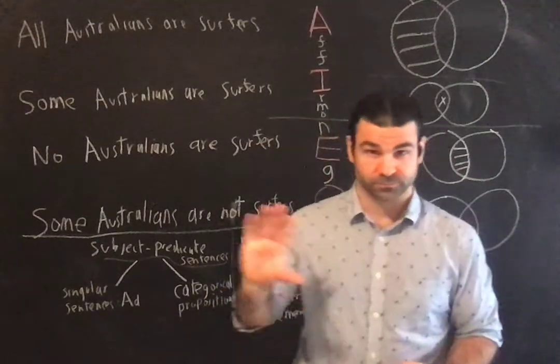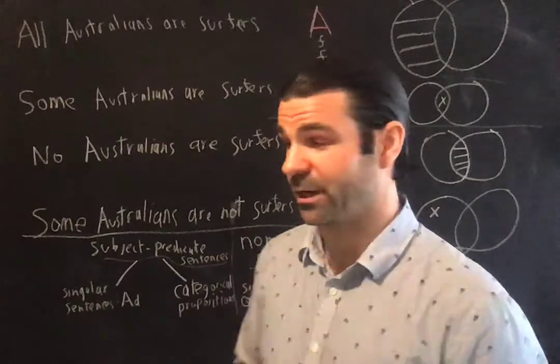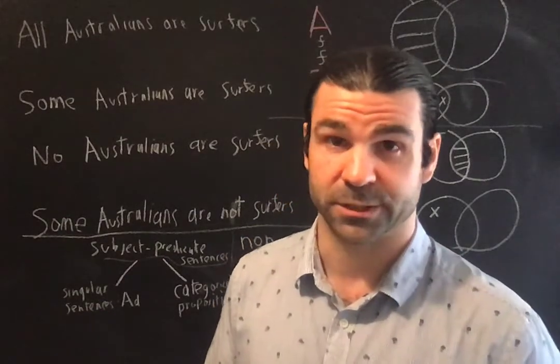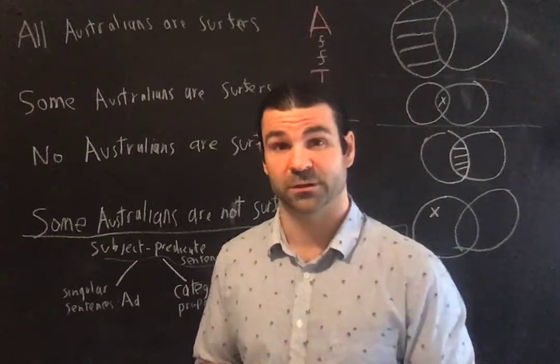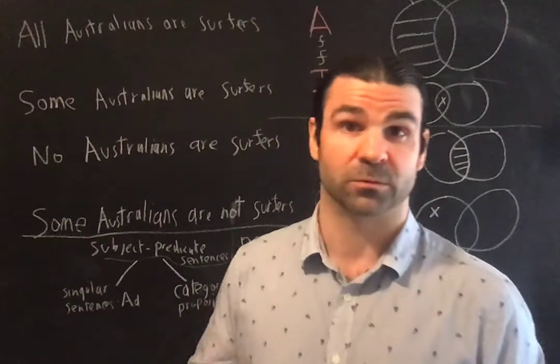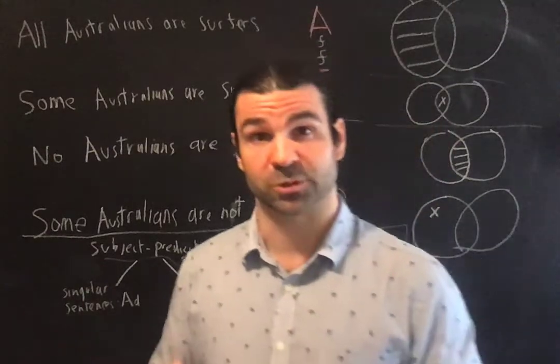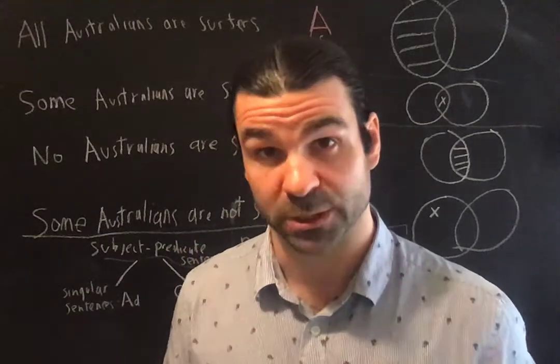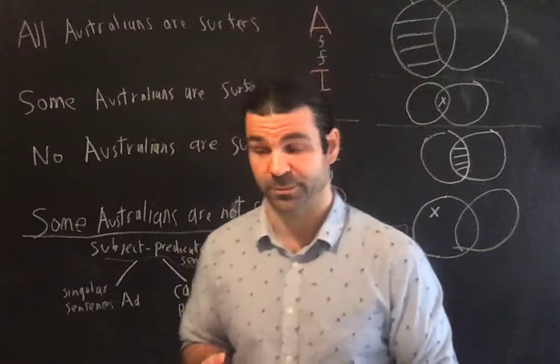So if you remember, I started with the argument: all surfers are Australian, Dan is Australian, therefore Dan is a surfer. We went through how we needed this new logic to be able to formally grasp the logical validity, clear to us all, of this argument.